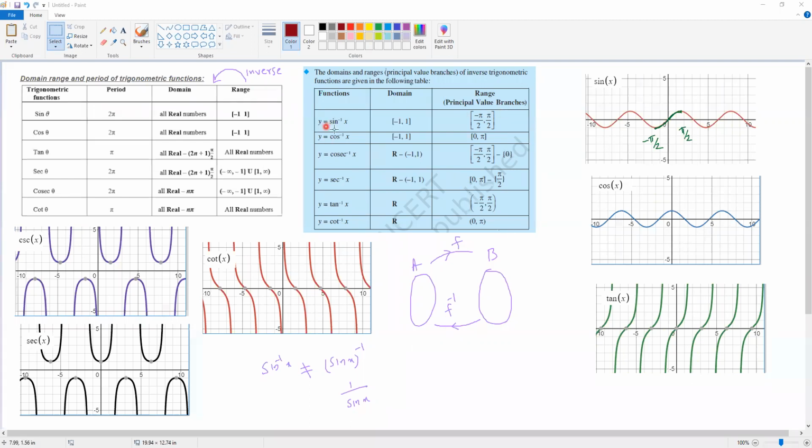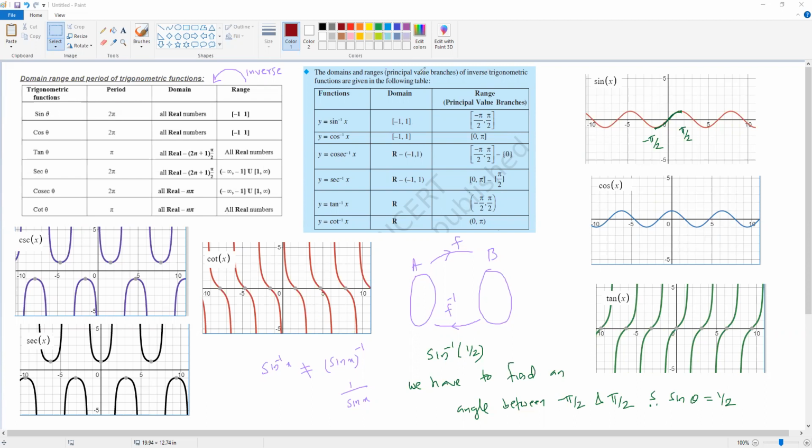Whenever you want to find sin inverse x, for example sin inverse of 1 by 2, we have to find an angle between minus pi by 2 and pi by 2 such that sine of that angle is 1 by 2. Got it? Understood? Are you getting my point?